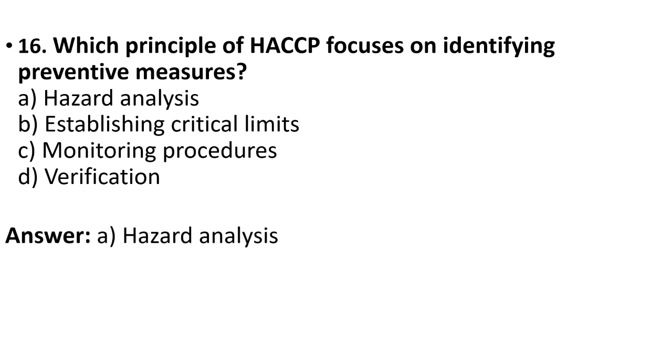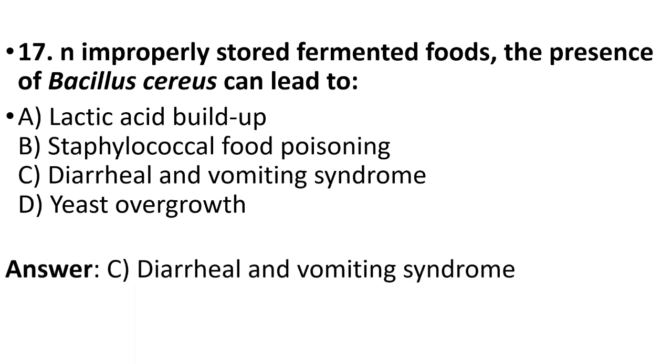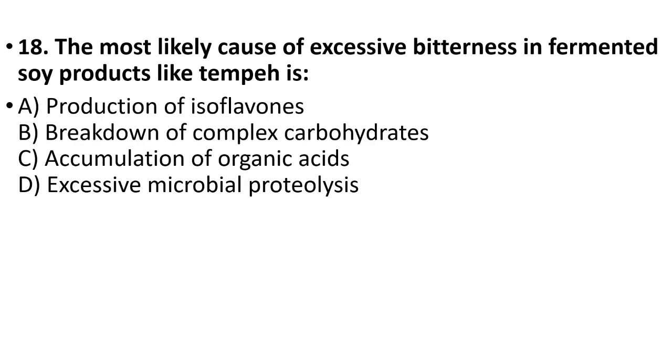Your answer is option A, hazard analysis. 17th question. In improperly stored fermented foods, the presence of Bacillus cereus can lead to lactic acid buildup, staphylococcus food poisoning, diarrheal and vomiting syndrome, yeast overgrowth. Your answer is option C, diarrheal and vomiting syndrome.